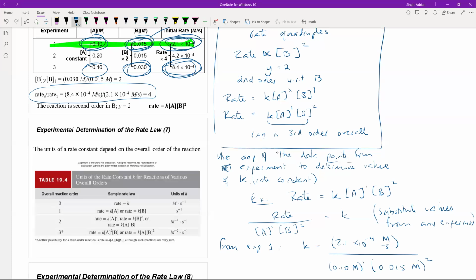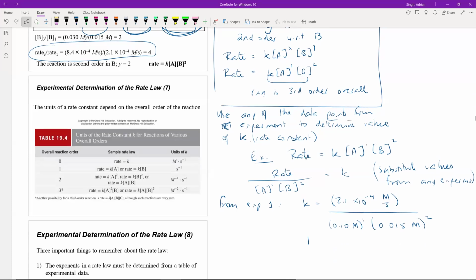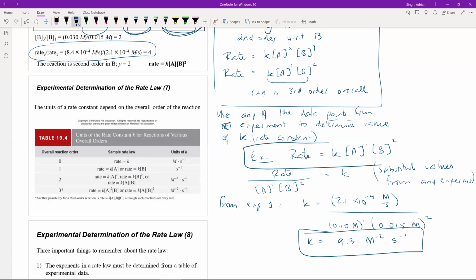Right? So if we substitute those and plug them into our calculator, we end up with k being equal to 9.3. And our unit here will end up being molar to the -2 times second to the -1. So we can determine the value for k, the rate constant, once we have the rate law expression written out and the values for the exponents, and we can substitute values from any of the experiments in order to do this.